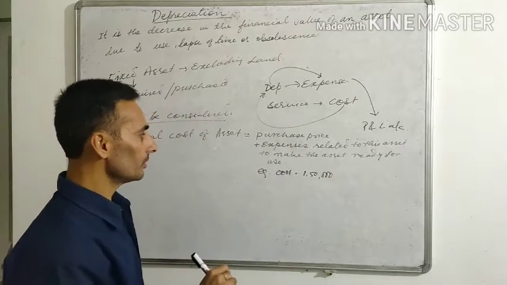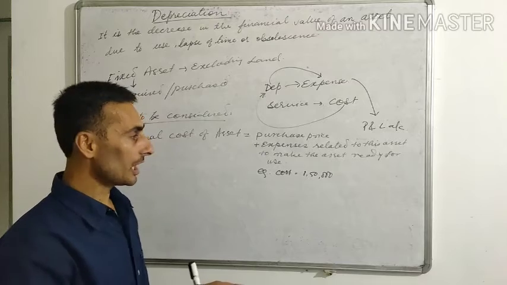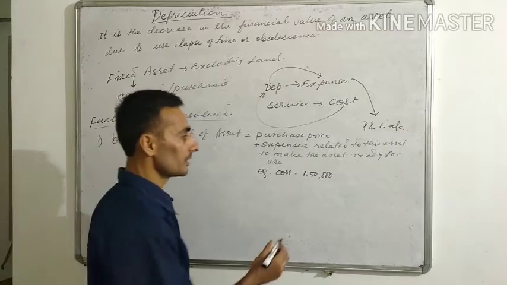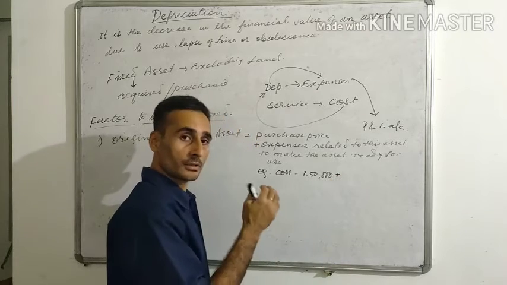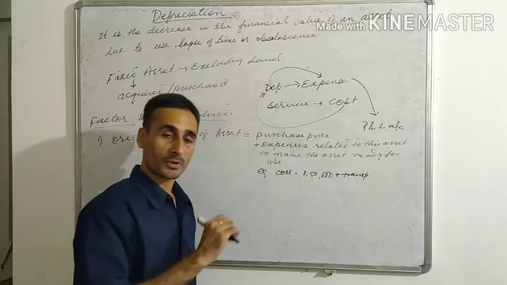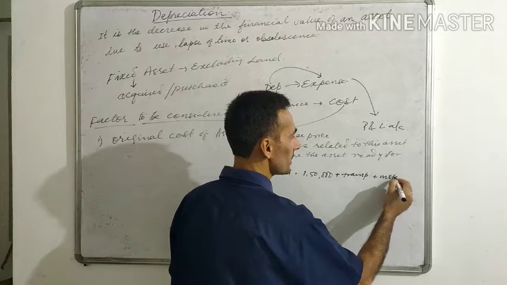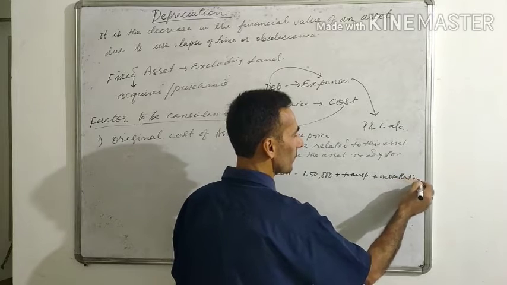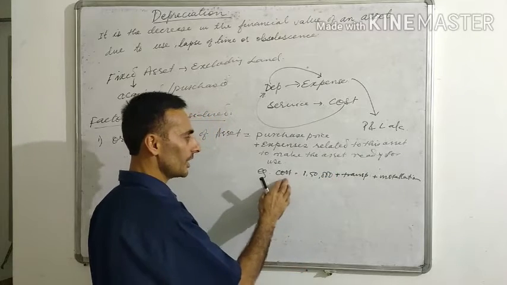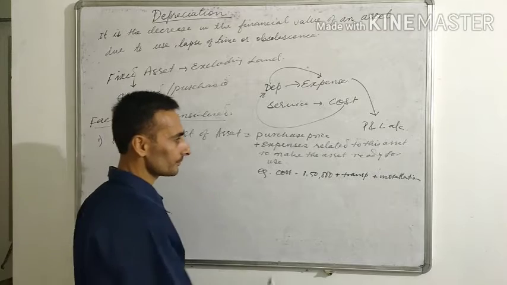Now in order to use this asset in your place, you have to incur some additional cost, like the cost of bringing the machine, that means transportation cost. So there is transportation cost, plus the machine has to be installed, so there is installation cost, right? So all these expenses when added to this cost will become your original cost of asset.